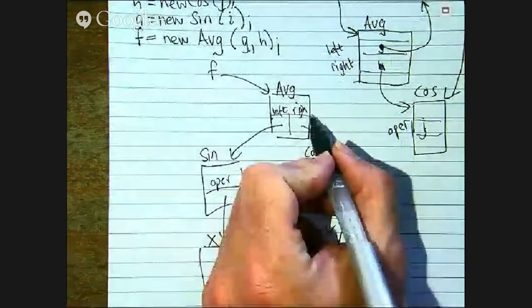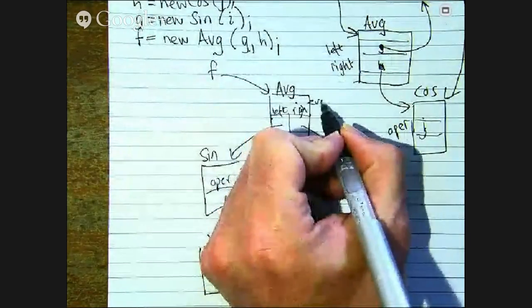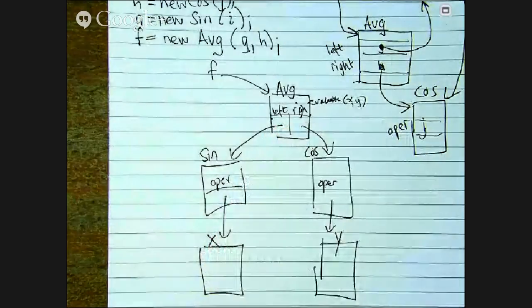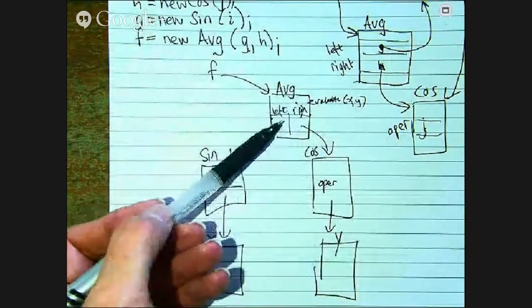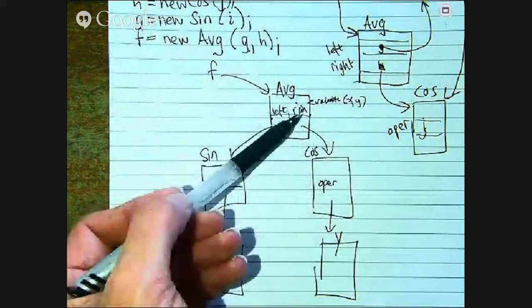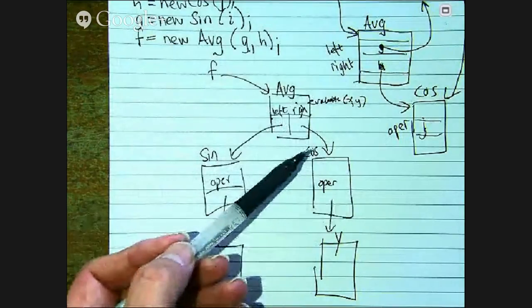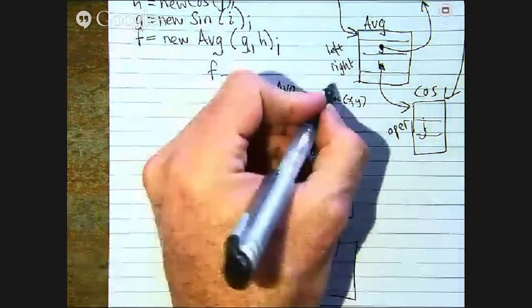And when I call the evaluate method of f, this average, with some x and y, it'll say, okay, to evaluate average, I need to evaluate my left-hand side with x and y. I need to evaluate my right-hand side function with x and y. They'll return 2 values, both from -1 to +1. And I average those 2 values, and that's the value I sent back.